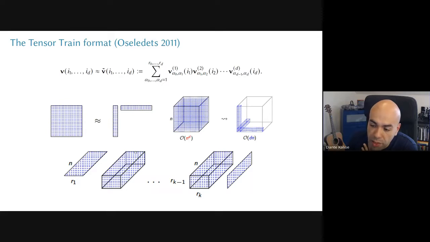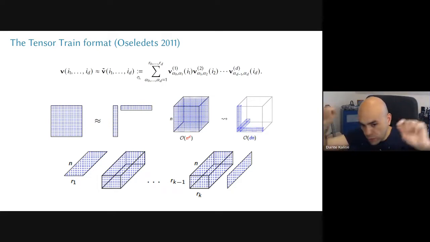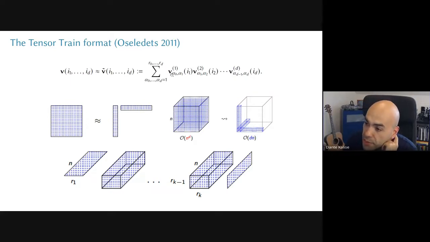It's called a train because it's really a concatenation of 3-way tensors times a 2-way tensor, a matrix here. So this full object, represented by a d-way tensor, a full high-dimensional lattice, you can express as a multiplication of these factors. And these factors are 3-way tensors, each one of them, but you do a sum over 2 components.